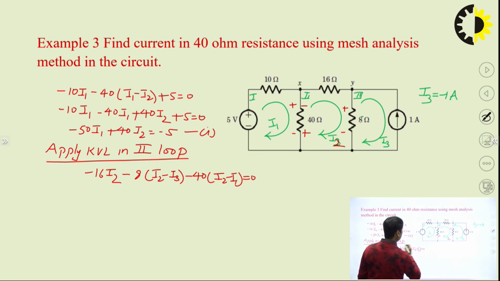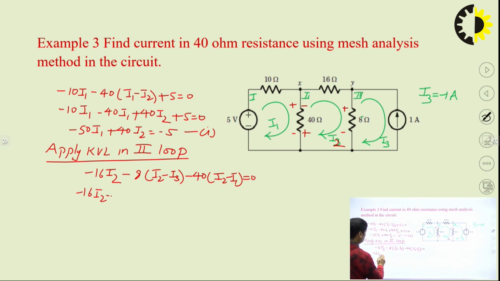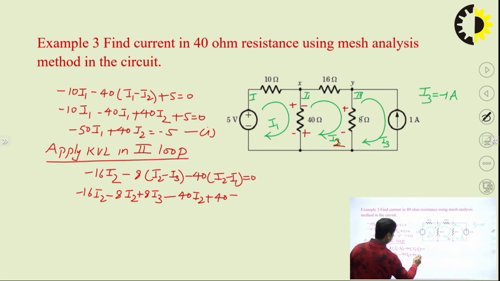equal to 0. So you can solve it: minus 16 I2 minus 8 I2 plus 8 I3 minus 40 I2 plus 40 I1. This is minus 40 I1 is equal to 0. Now again we can solve it here.